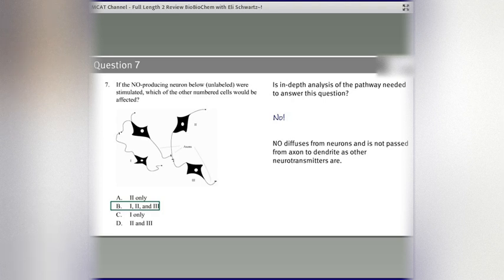Now, I've got a bonus question. What if it had been acetylcholine? What if it had been a neurotransmitter that was a solid state? Now what? If we got this unlabeled one here, I'll put an X on it. What if that one had been releasing instead? Now where could it go to?